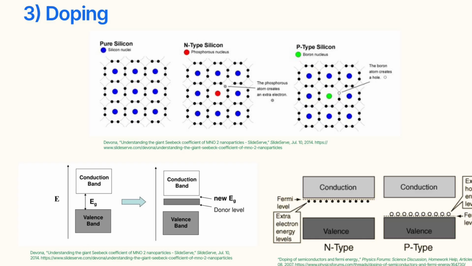Keep in mind that these energy levels are specific to atom orbitals because the energy levels are the energy required to remove an electron from its orbital, which changes depending on the nucleus. When we dope and replace a silicon atom with a phosphorus atom, we are replacing one of the silicon energy levels with a phosphorus energy level, which tends to be a little less than silicon's.